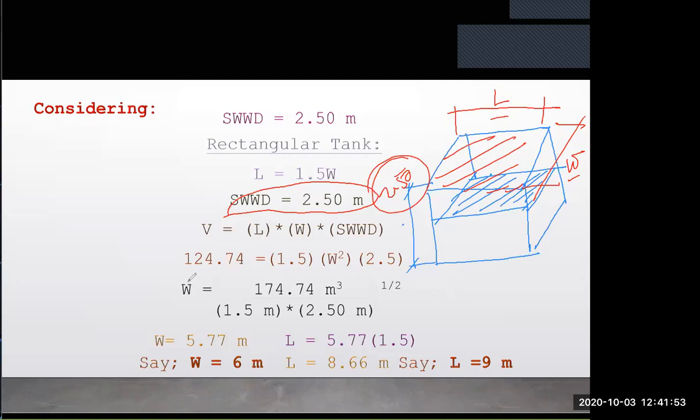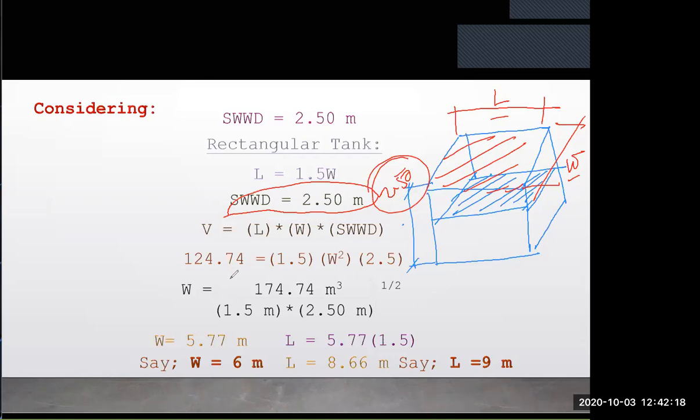So you know the volume a while ago, that is 124.74. Okay? To solve for a volume of a rectangular box, that is just length times width times height. We know the height, that is 2.5. We don't know the length and the width.